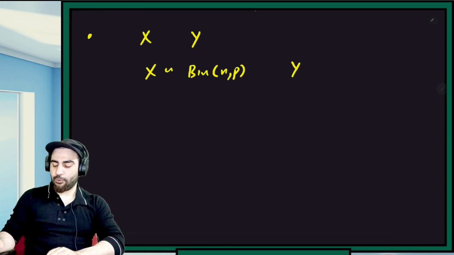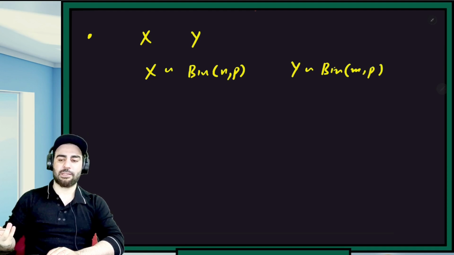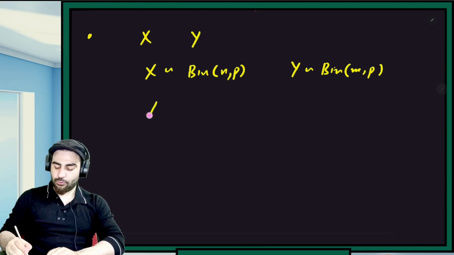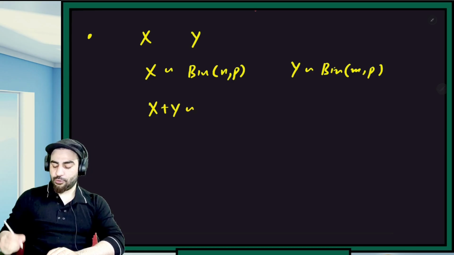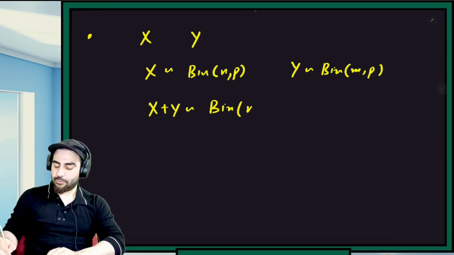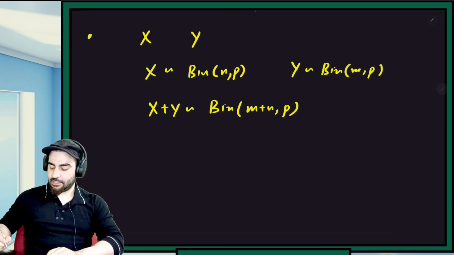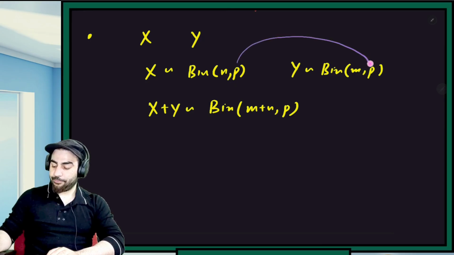Similarly, y follows binomial distribution with m and p. If you add these two random variables, this also follows binomial distribution with m plus n comma p. The restriction here is that this probability p should not vary.